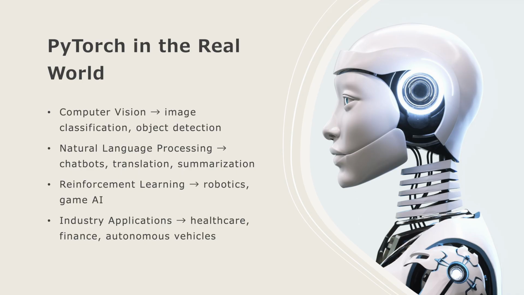In natural language processing, PyTorch is behind many chatbots, text translators, and summarizers that can read, understand, and generate human language. In reinforcement learning, it's used to train robots to move and interact with the real world, or to build game-playing AI that can compete at a superhuman level.